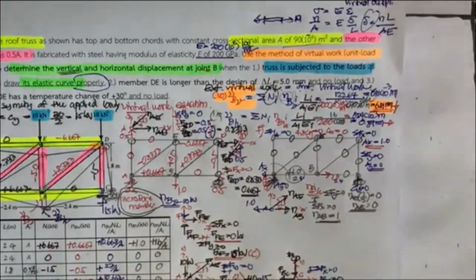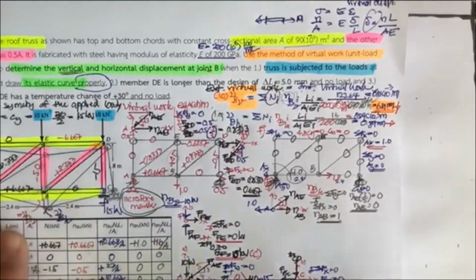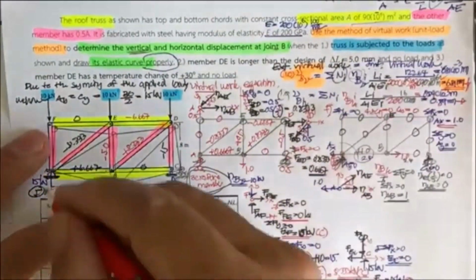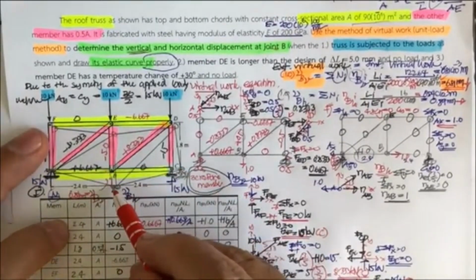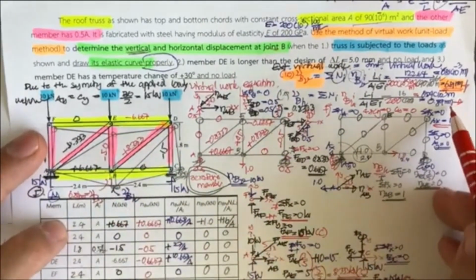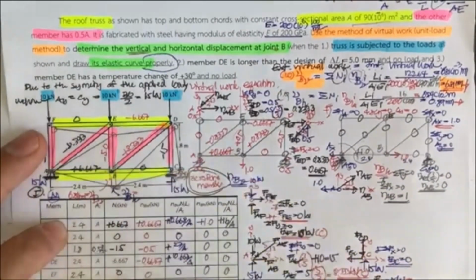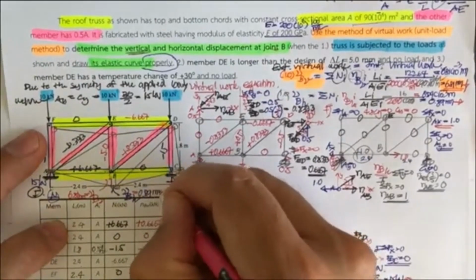Okay, now what we have is the deflection here. This one for 6.81, so this one is 6.81 millimeter, downward. This is to the right, 0.89, so this is going to be equal to 0.89 millimeter.